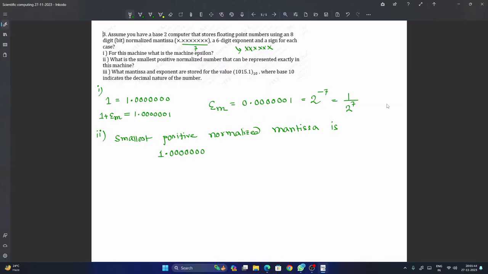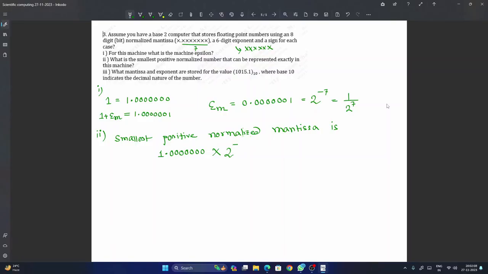Now if you want to make it smaller than that, then you have to take a product with 2 to the power of some negative value. Because multiplying by 2 to the power negative means dividing by 2 to the power positive. If you take 2 to the power 100 here, it means dividing by 2 to the power 100. So if you take a large number here, it will give you the smallest number. Take the largest exponent with the negative sign, and you will get the smallest positive normalized number.